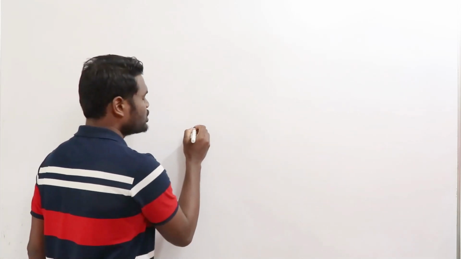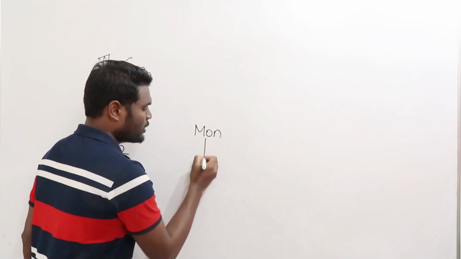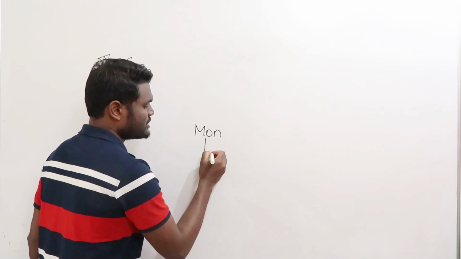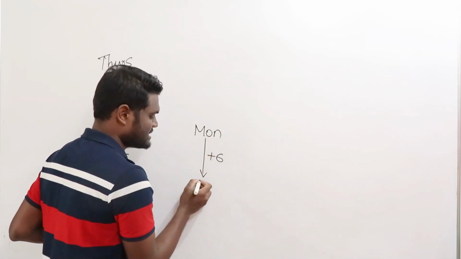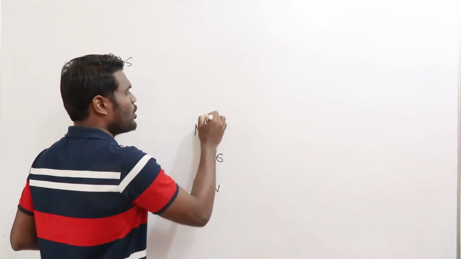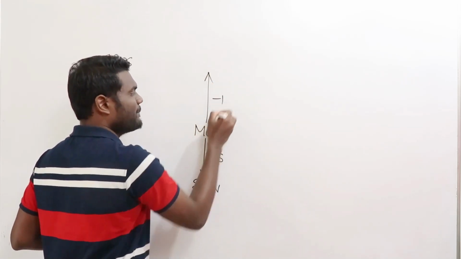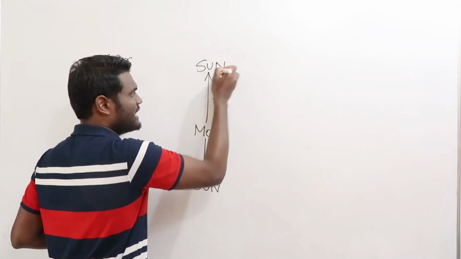Let us say for example, today is Monday. What would be the day after 6 days? After 6 days, it will be Monday plus 6, that is going to be Sunday. If I ask you the question, what would be the day 1 day back? 1 day back, it is going to be again Sunday.